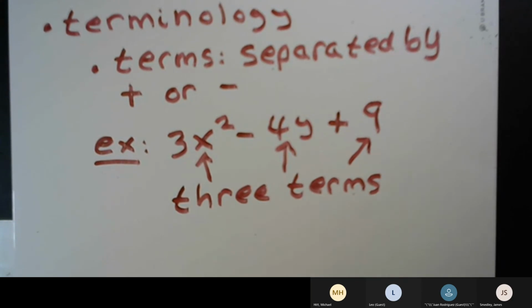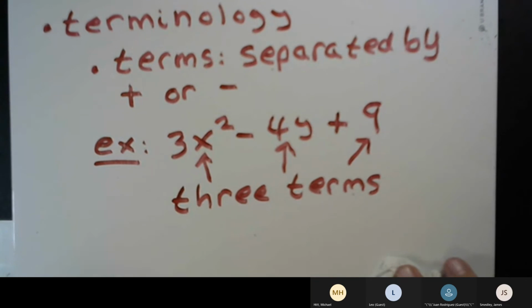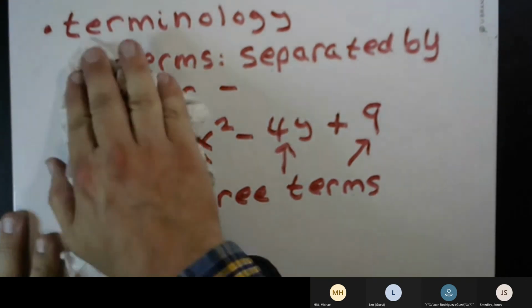Now, another thing that comes up are factors. Now, factors are 2 or more things multiplied together.